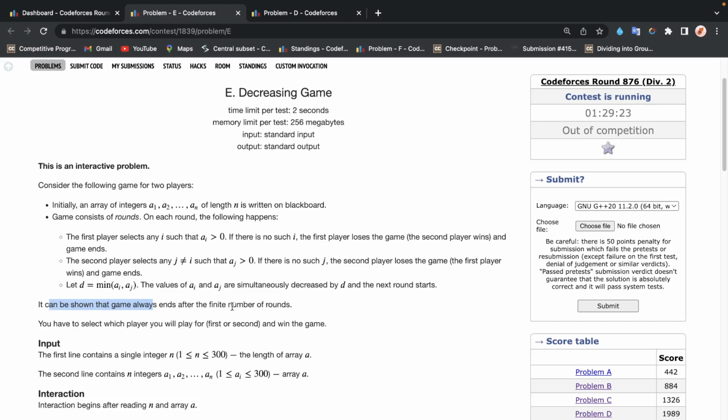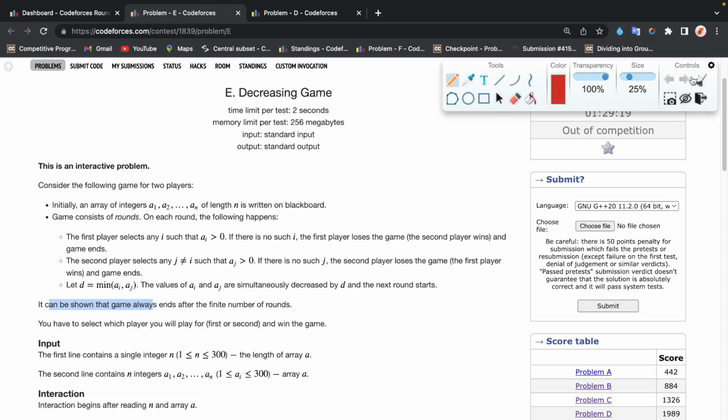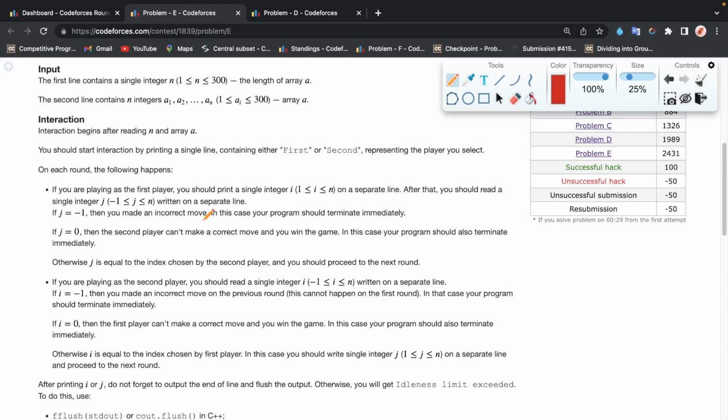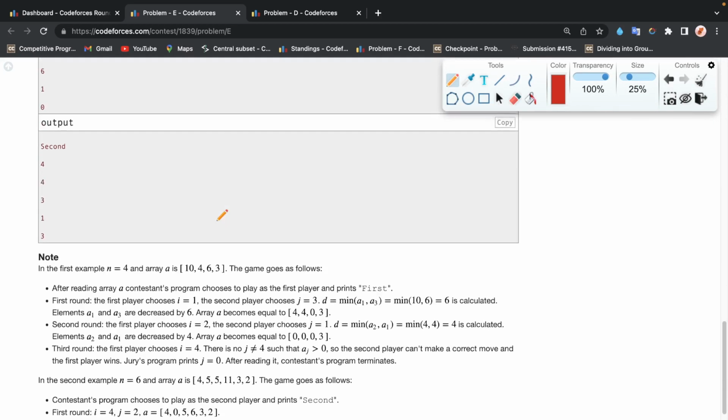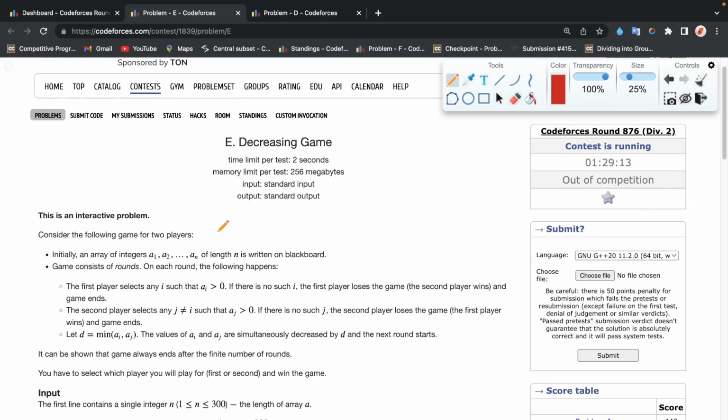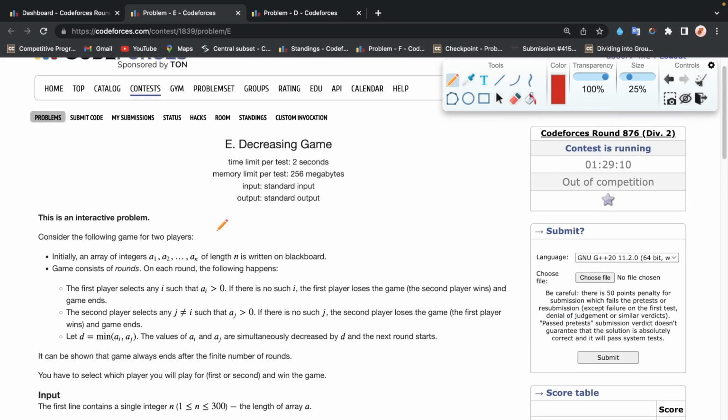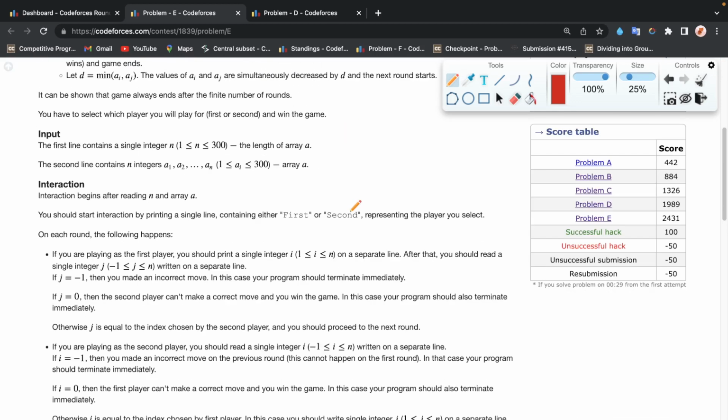Okay. I think some kind of game theory, maybe. So if he chooses a_i, I will choose another value v.